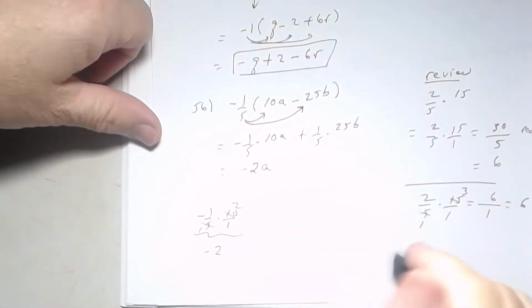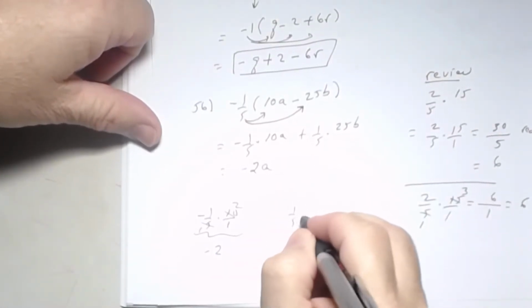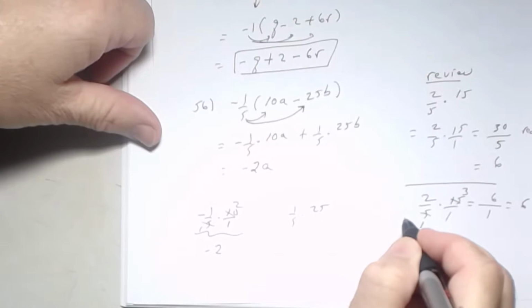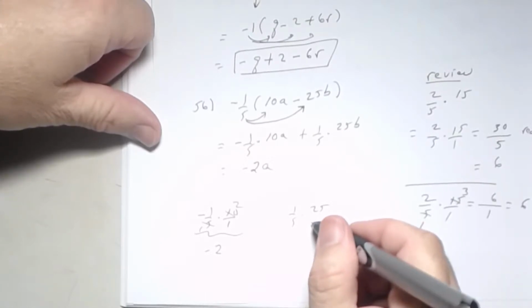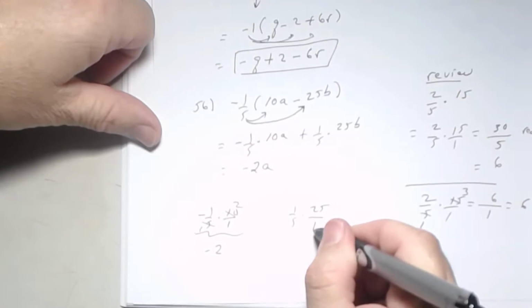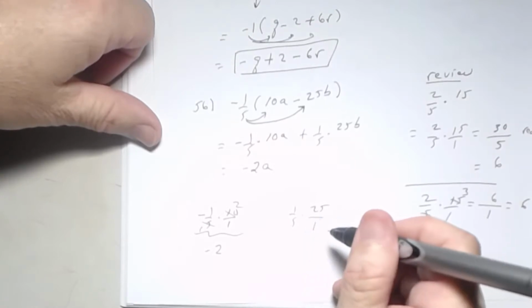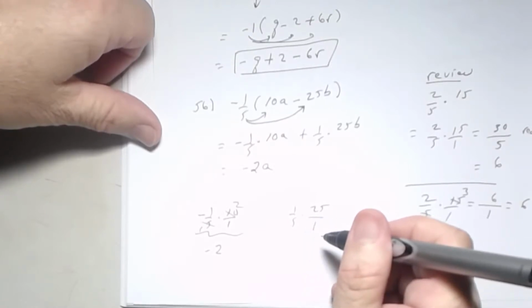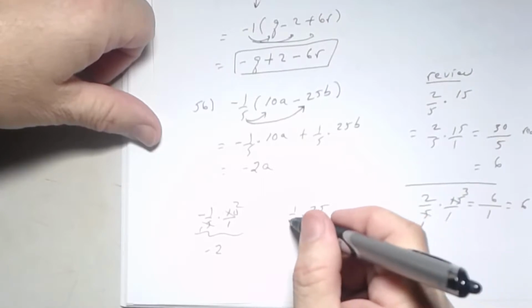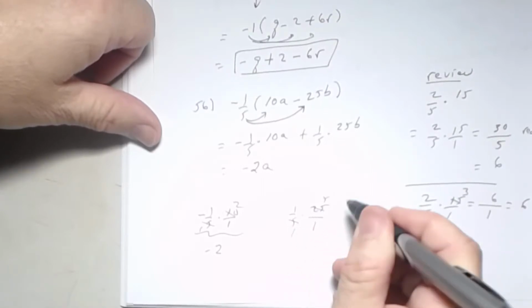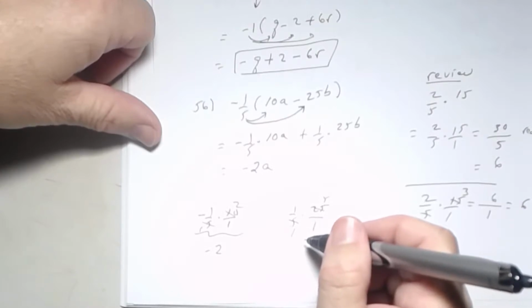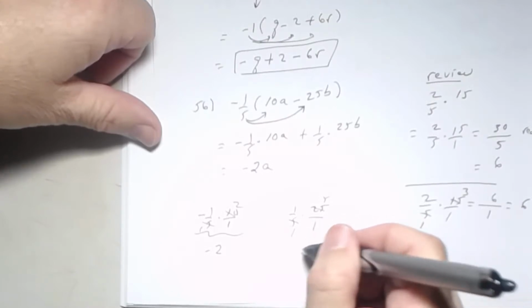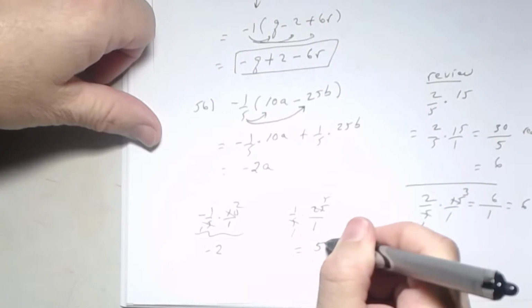And then over here, 1/5 times 25, that's really 25 divided by 1. What do you think 1/5 times 25 is? 5. Because 5 into 5 is 1, 5 into 25 is 5. When you multiply the numerators together, and then the denominators together, and then reduce, you are left with 5.